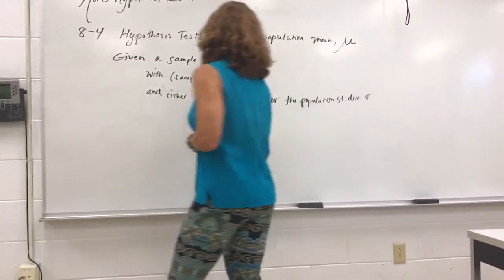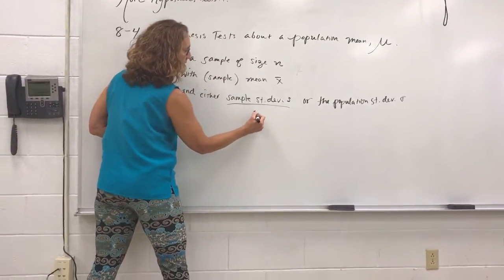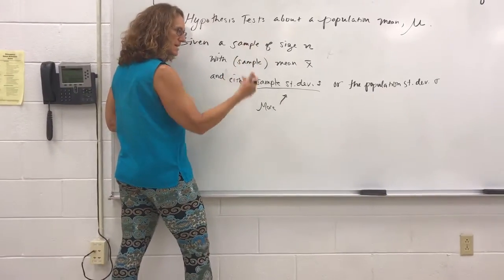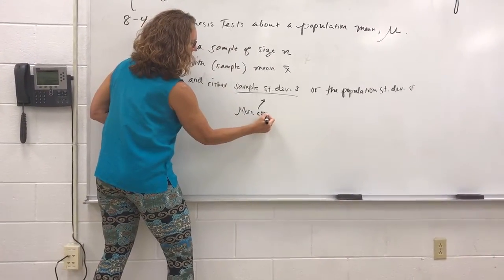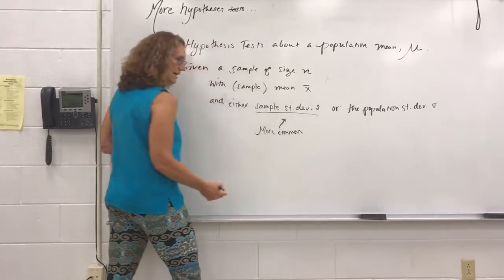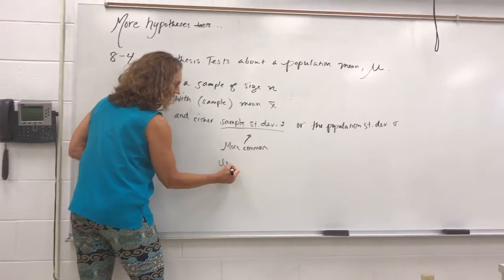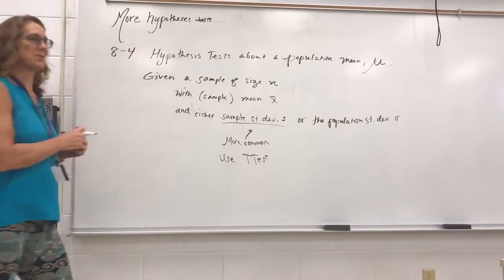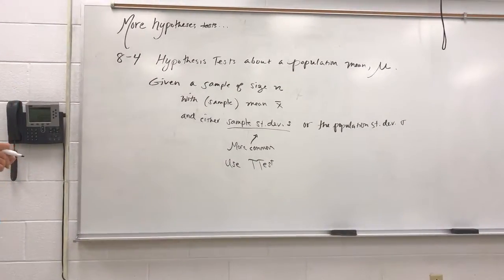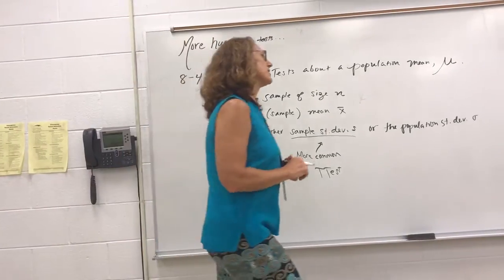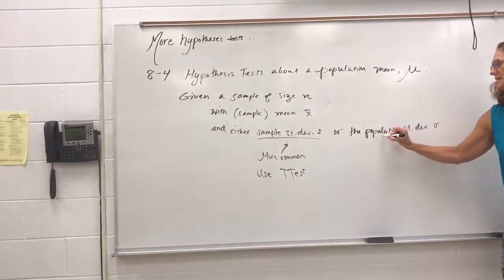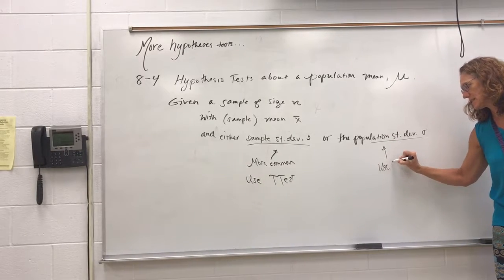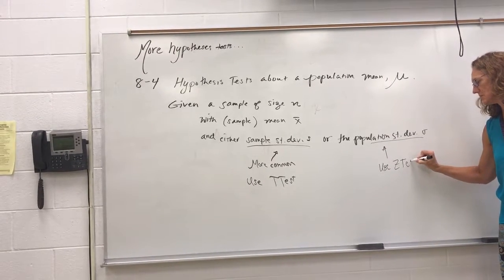This is the more common situation where you just have the sample standard deviation together with the sample mean and the sample size. In that case, we're going to use a t-test, because there's a t-distribution that models the sampling distribution. If you're given the population standard deviation sigma, then you can use a z-test, because in that case you can use the normal distribution.